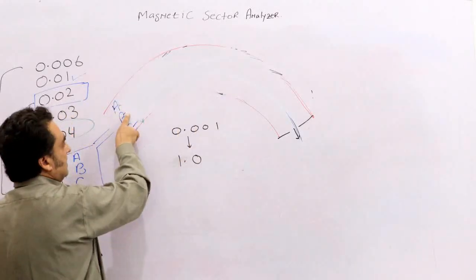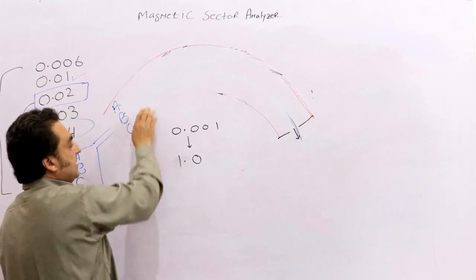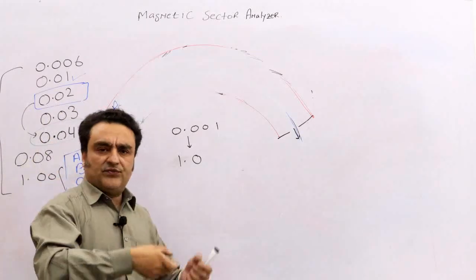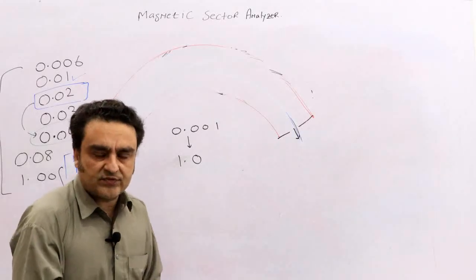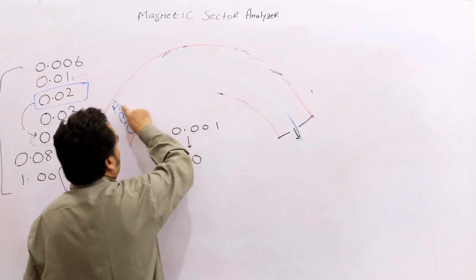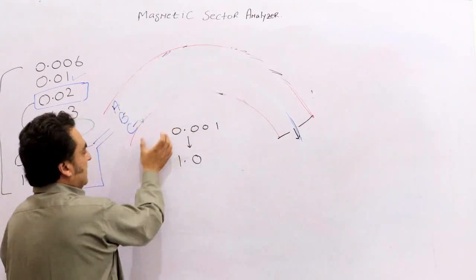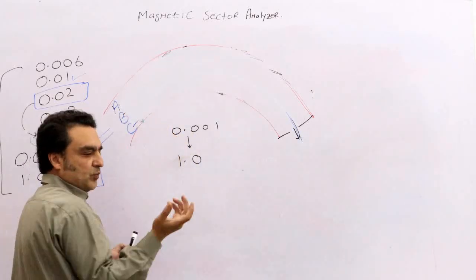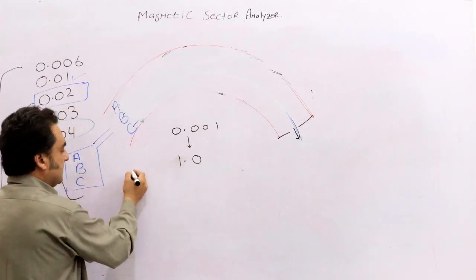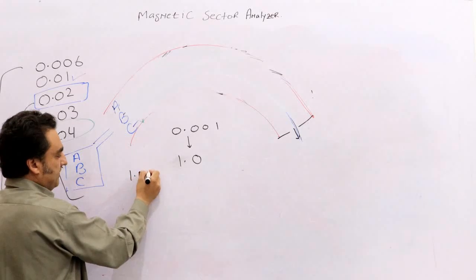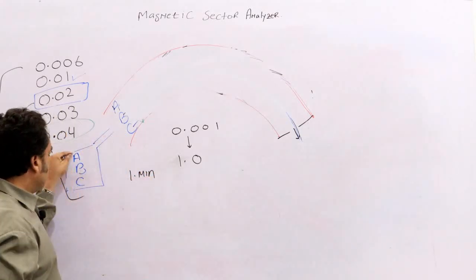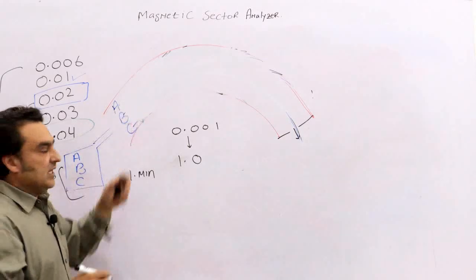So what will happen? All the molecules will be here, and as you know, these molecules are moving extremely fast, even faster than a bullet. Suppose the whole time you have for the experiment is 1 minute, and you start now, these are ionized and molecules went to the analyzer.